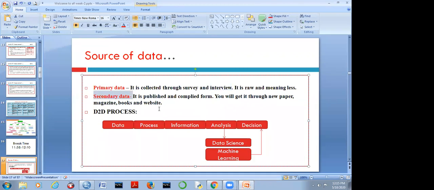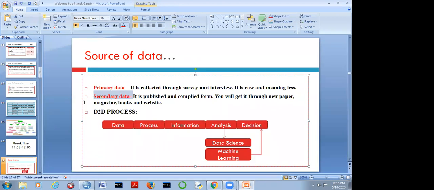For example, the GDP of a country: what is the GDP of India for the last financial year? Researchers use that secondary data for further analysis. You get it through newspapers, magazines, books, or websites. That is a published form. So the data sources are primary data source and secondary data source.